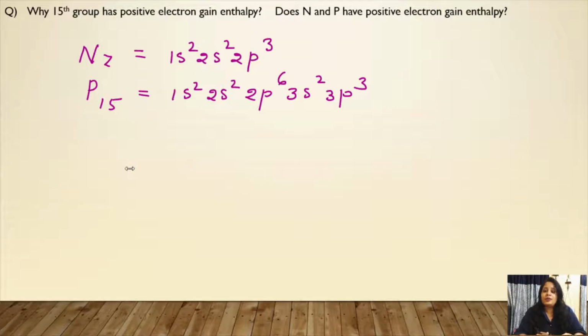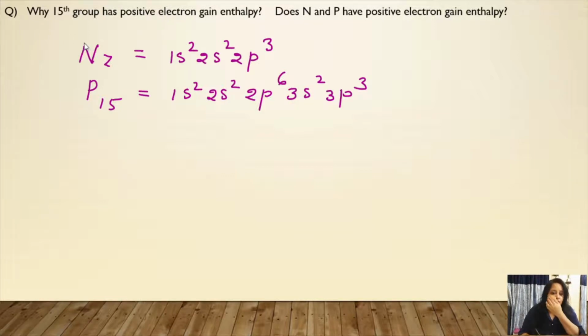It means for adding an electron to the system, we need to give an external energy. So when the energy is given, it is called positive, and when it is released from the system, it is called negative. Now come to the point.